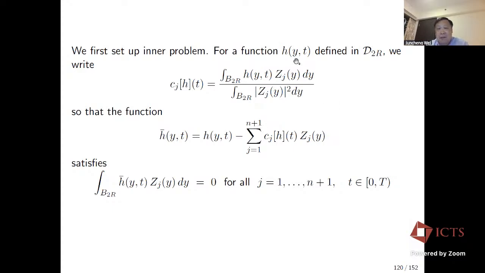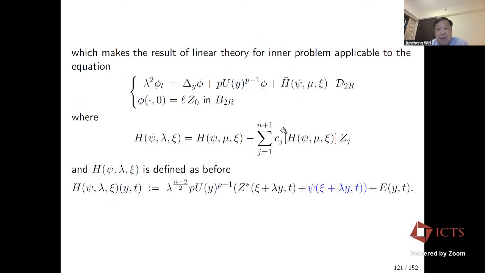So we project H onto Zj. This is the Lagrange multiplier. And we solve this linear problem with the Lagrange multiplier and with some initial condition.